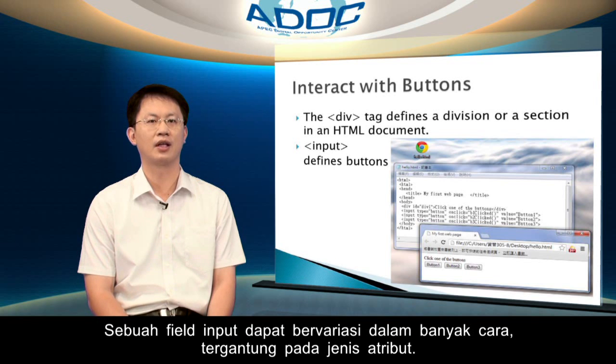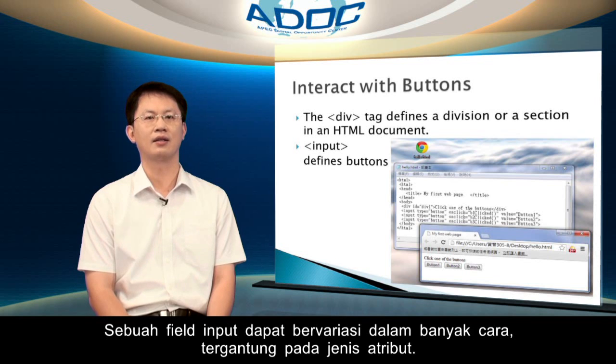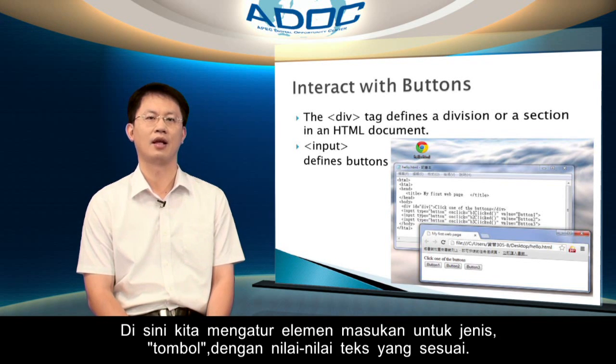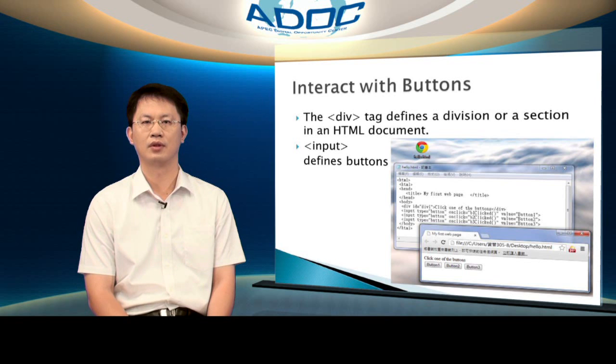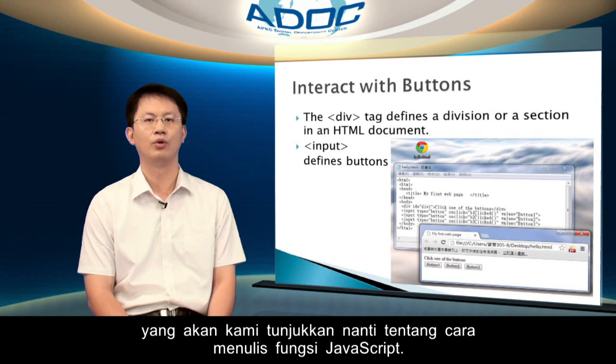An input field can vary in many ways, depending on the type attribute. Here we set the input elements to type button with corresponding text values. For each button, we set the onClick attributes to related JavaScript functions, which we will show you later on how to write.